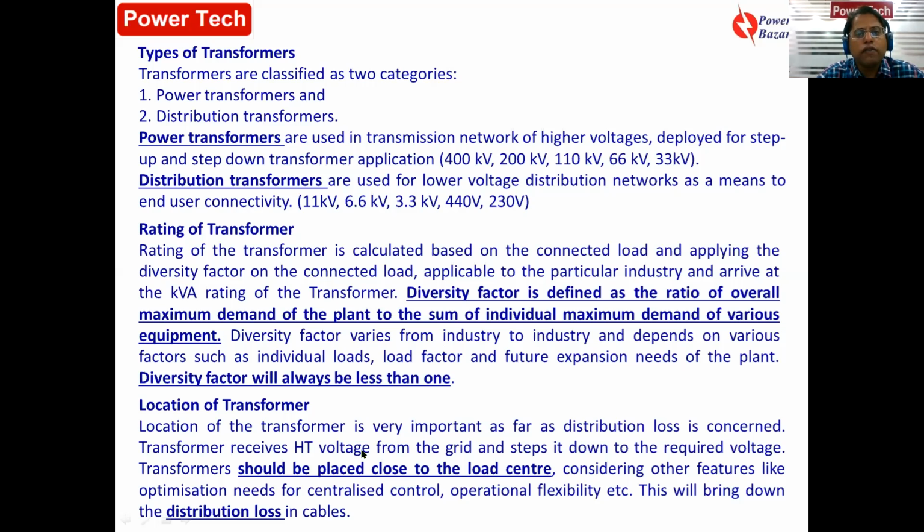Wherever the load is, it should be nearer to it, so that the high voltage transmission can go till the load point, after which, for utilization of energy, it can be reduced to a lower voltage, so that line loss will be reduced. Therefore, the transformer should be placed close to the load center, whereas in the case of generator transformers, it has to be placed nearer to the generator.